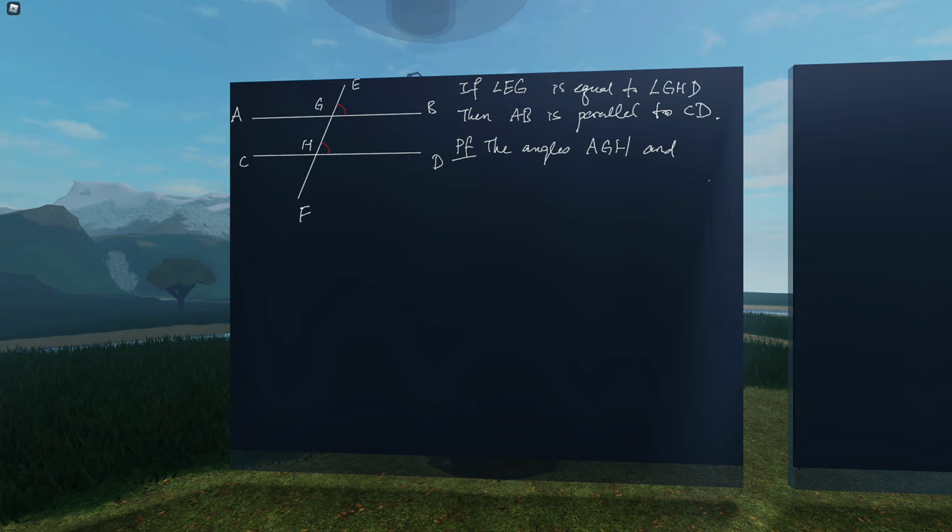It's just a line. EGB. Okay, so EGB equal, by proposition 15. Right, this is the one that says that opposite angles when you have two intersecting lines are equal.